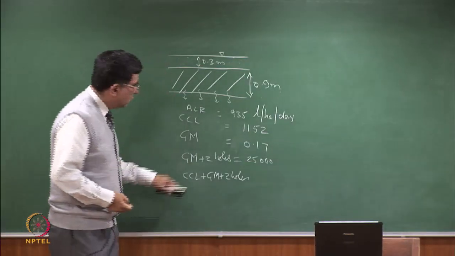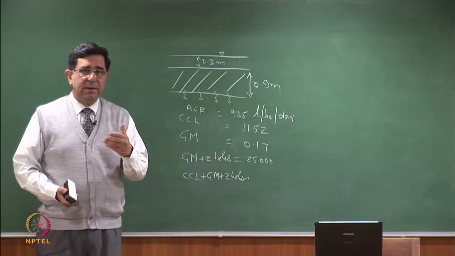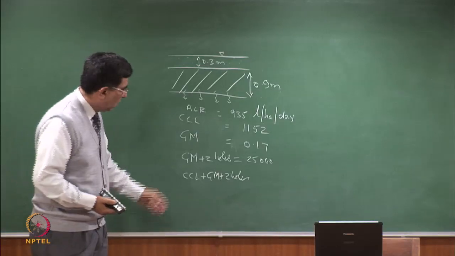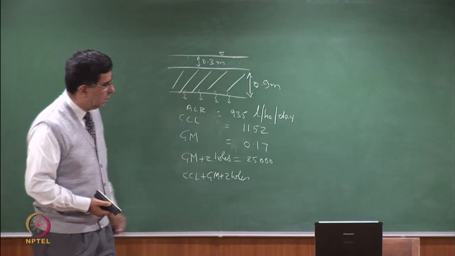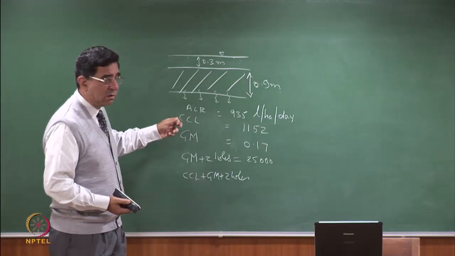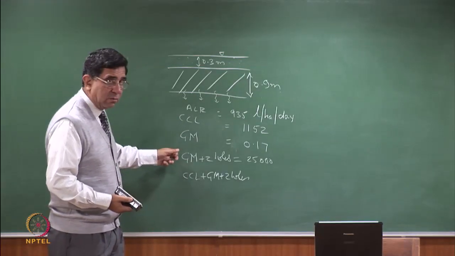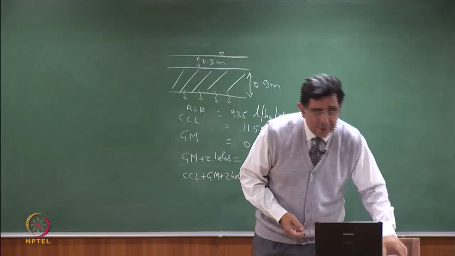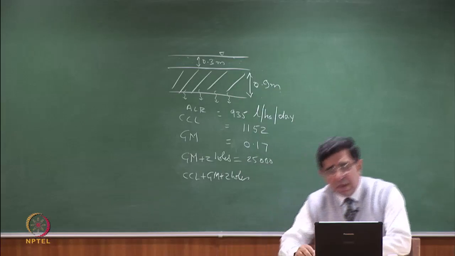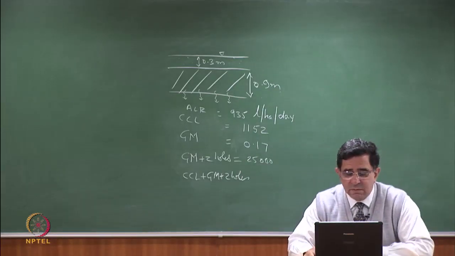So let's see, do we have any evaluation methodology for a composite liner? So this is from the Darcy's law, flow through an orifice. For a composite liner, we have some empirical formulae which have been given to us.